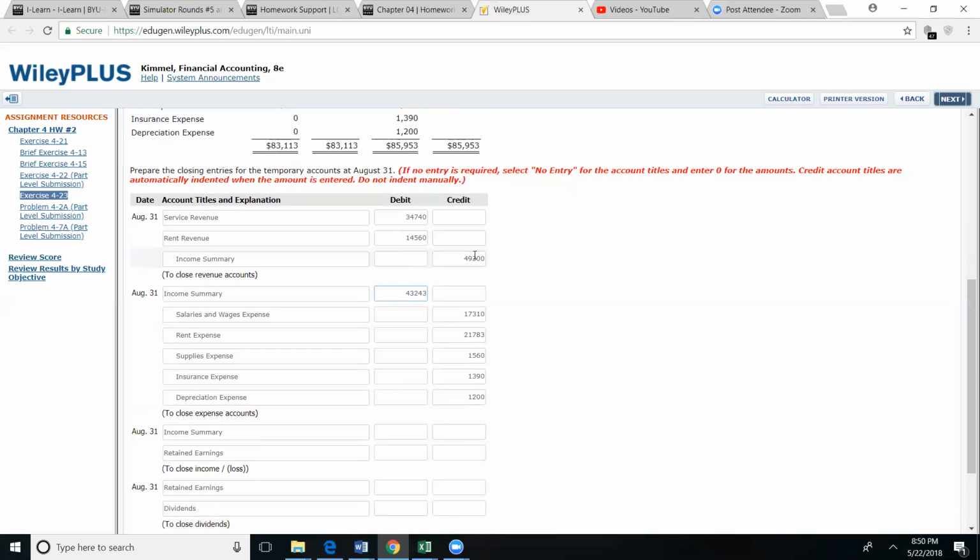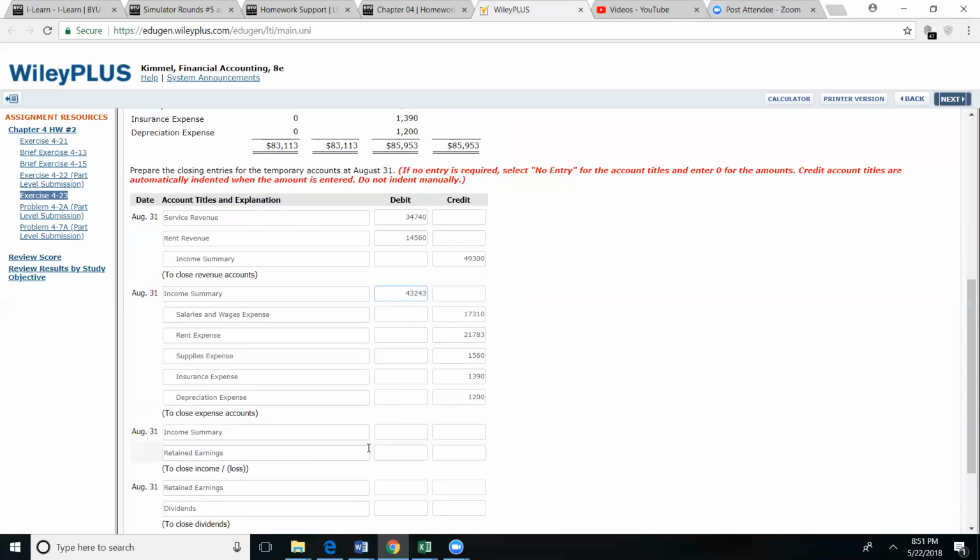Now we credited the income summary $49,300 from the revenue, and we debited $43,243 from the expense account. So we need to find the difference between those numbers to find the current balance.